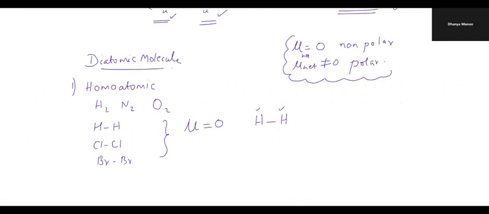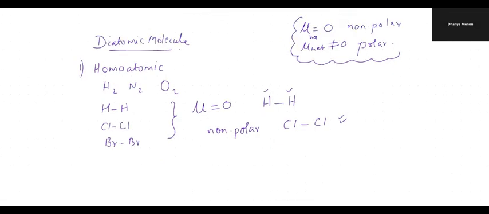So we consider them as non-polar. Why? Because both the atoms are the same. So the net dipole moment is 0. So it is non-polar. So this is easy, right?